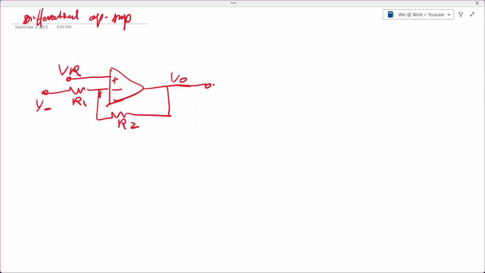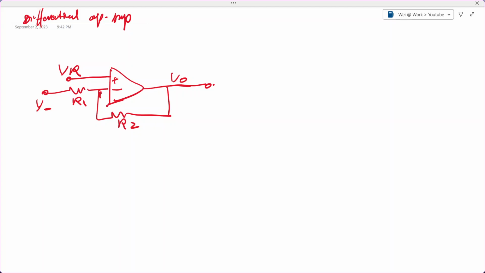So it's very easy to write out the transfer function for this configuration. There are many ways to do this. A quick way is to refer everything, all the inputs and outputs, to VR, the virtual ground.